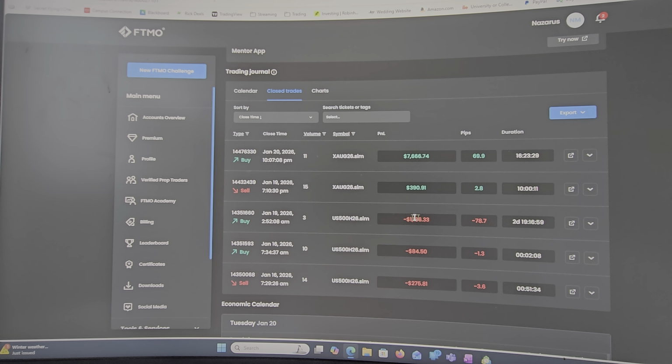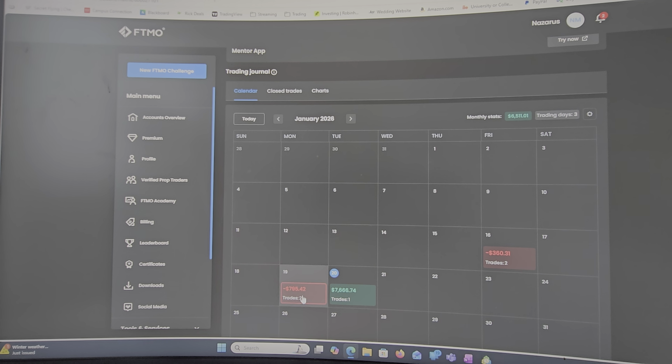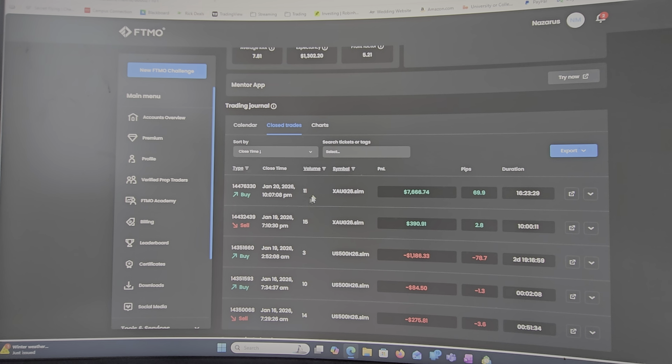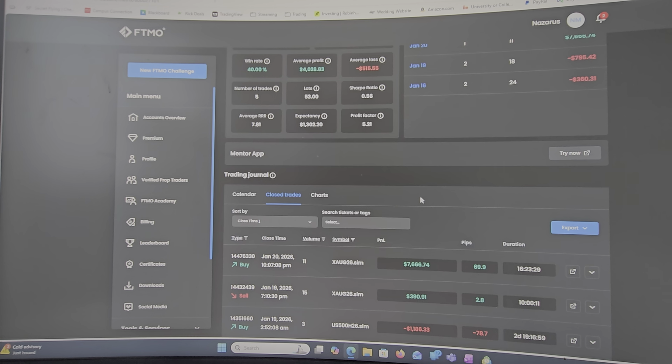So it offset this a little, and our P&L for that day was a loss of $795. And then the trade that we took yesterday, which was a buy for 11 positions, and we made $7,600.